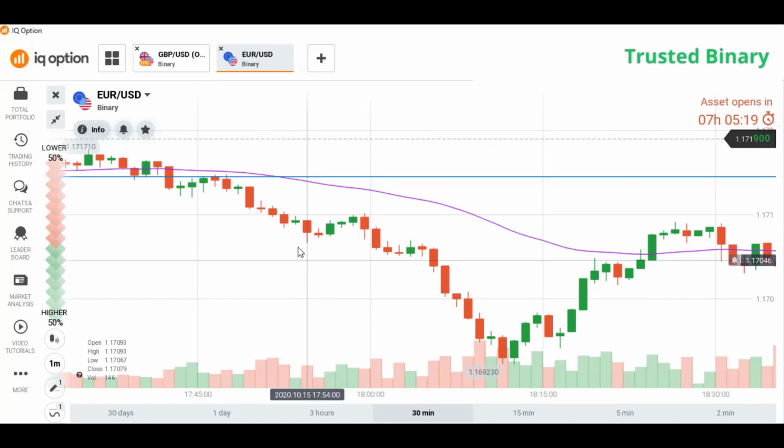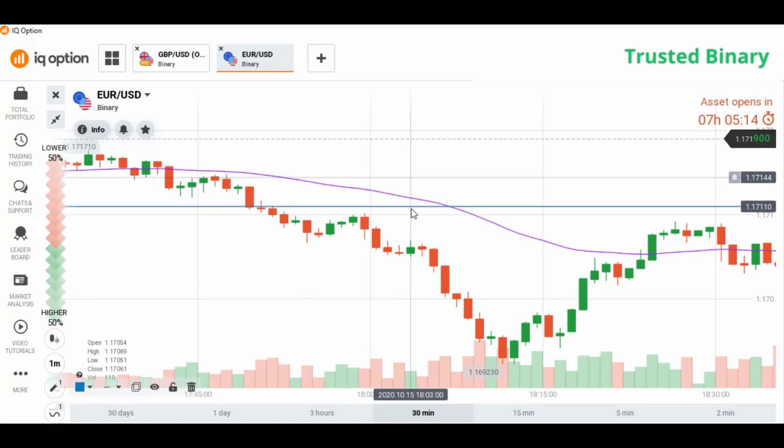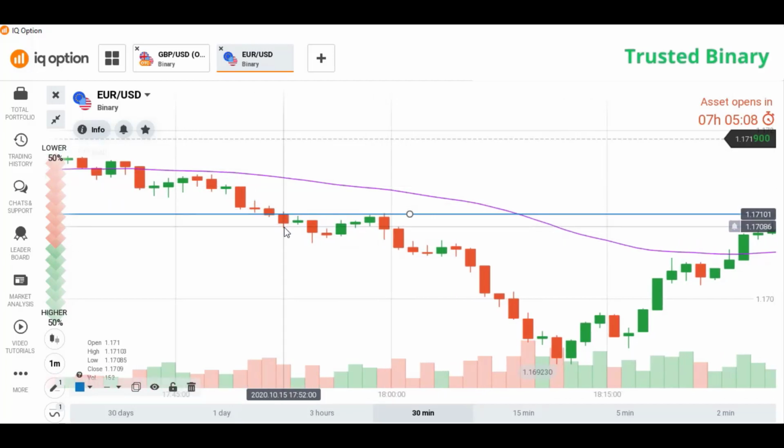A 99% profitable strategy, like this one. This is another one. In the downtrend, this bullish candle is totally inside this bearish candle, and its upper wick is below its opening price. So the next candle goes down. It's the psychology of binary option.